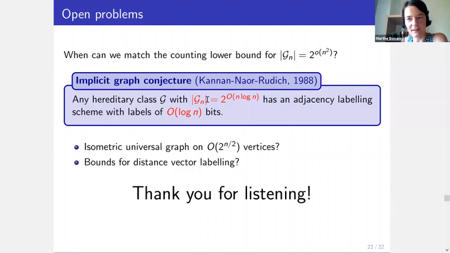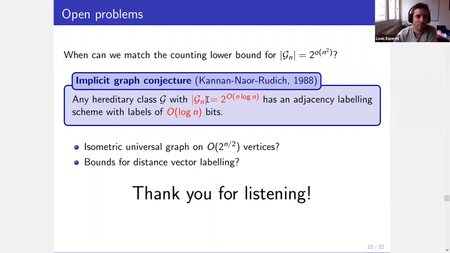Do you think something similar could be true, that we get the bound n for distance? Yeah, that's already a question for distance labeling schemes, whether for the normal notion you can reach the n/2 bits, I guess. For vector, it has better chances of being false. Maybe, yeah. But in some sense, the vector one is also easier because you're looking at a single vertex. I think it's just something that people haven't really studied yet.